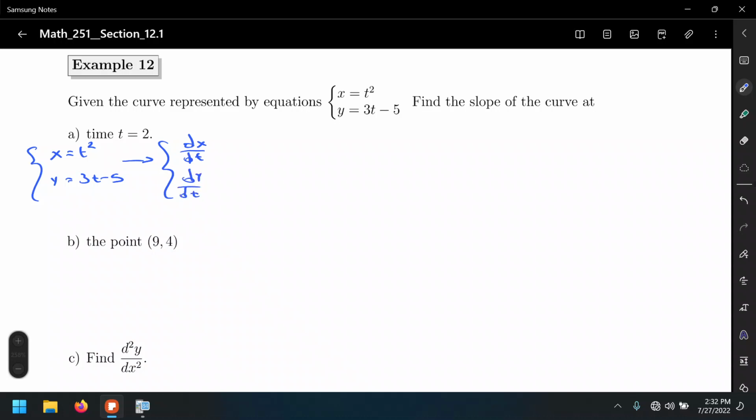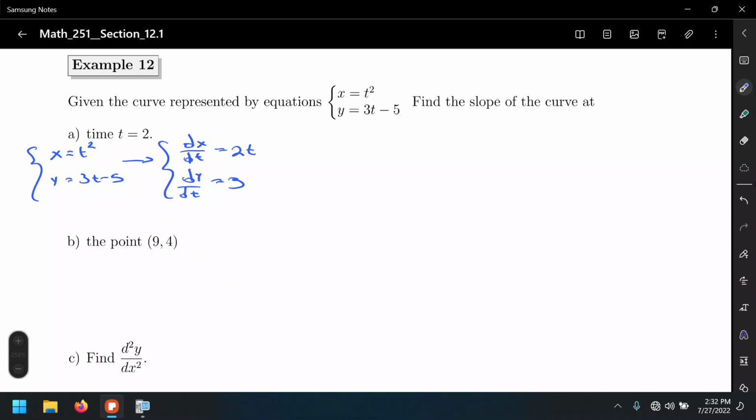Or if you want to use the more compact notation, that will be x prime and y prime. But I would like to use Leibniz notation because that's the notation we have in the definition box. Let's just use the same differentiation rules as usual. The derivative of t squared with respect to t is 2t, and the derivative of 3t minus 5 with respect to t is 3. All right?